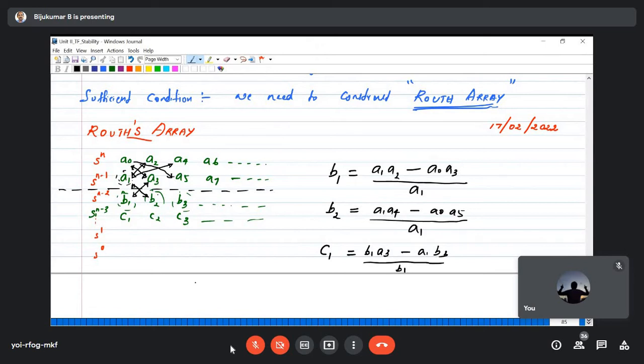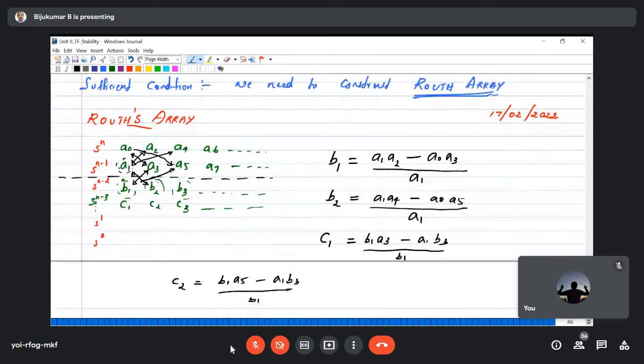Clear? Now similarly, you can find c2 also. c2 can be found like this: b1 a5 minus a1 b3, the whole divided by b1. So likewise, you can find all the values in the Routh array.